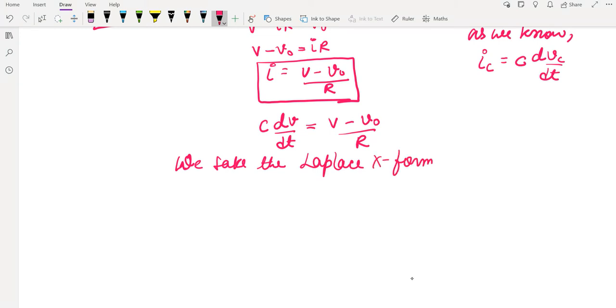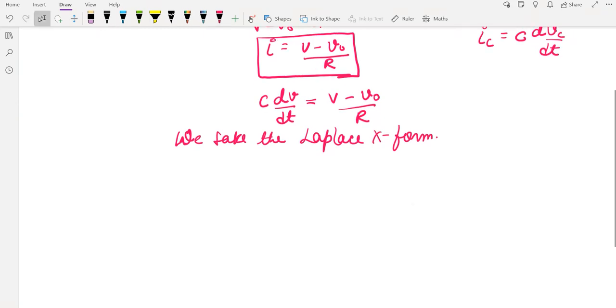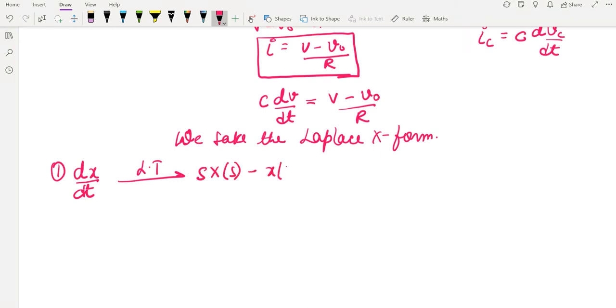Okay, so here we take the Laplace transform. Just to recall, let me write the formula here. The Laplace transform of dx by dt is s into X of s minus x at 0 minus. So this is the formula that we will be using here.